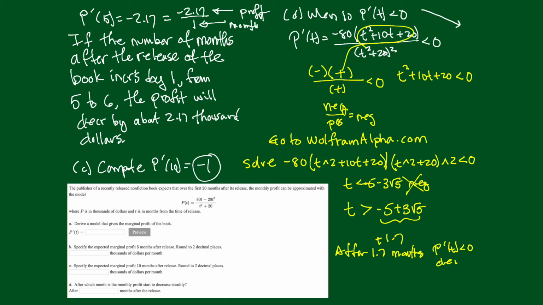That means the profit is decreasing. Now, 1.7, that's close to 2. All right, so an approximate answer might be this. For sure, after 2 months, this thing steadily decreases. Profit steadily decreases. That's a little bit more accurate, but probably 2 is okay too.